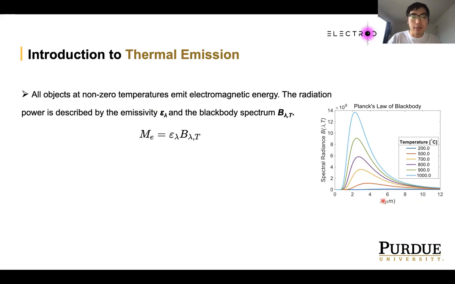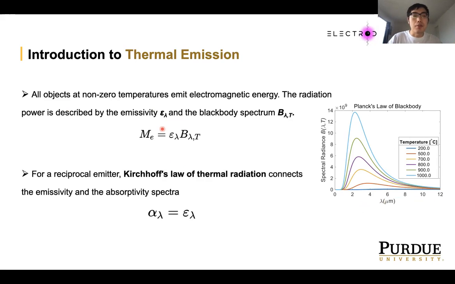So the distinctive features of thermal radiation are really encoded in the emissivity. For the emissivity spectrum, there is one very important rule, which is Kirchhoff's law. Kirchhoff's law states that the emissivity should be equal to the absorptivity.